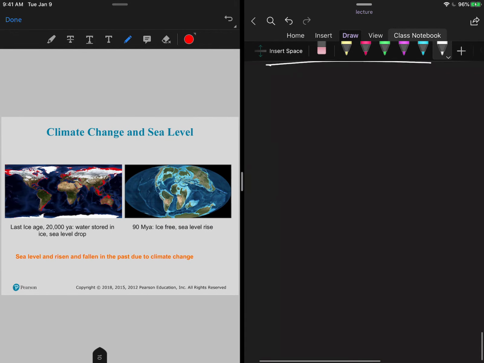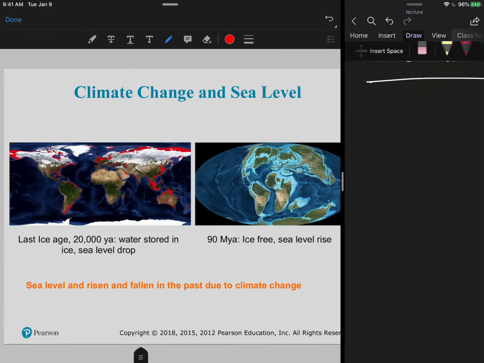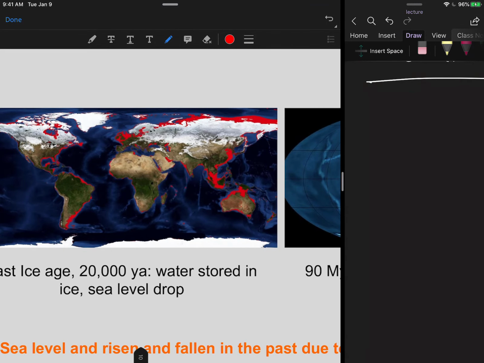Next, this is going to be a precursor to chapter 10, the next chapter that we're going to look at. Sea levels have been rising and falling repeatedly in the past due to natural cycles of climate change. You can see here, this is about 20,000 years ago, North America and most of Europe was covered in ice.